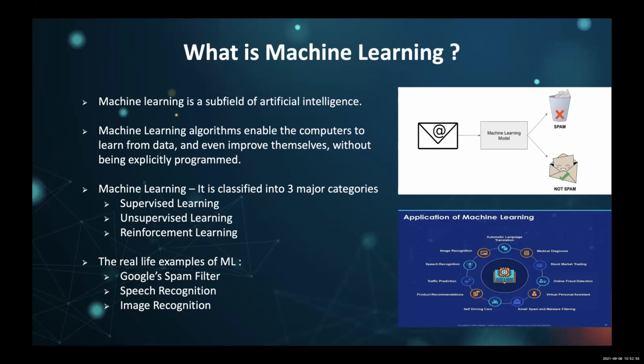This is a type of supervised learning, wherein you have given the machine an input: this is a dog and this is a feature of the dog. Secondly, when you click a photo, the machine has that data with itself. It will look into the data, see that the attributes are matching, and give the outcome that this is a dog. So this is what is known as machine learning.